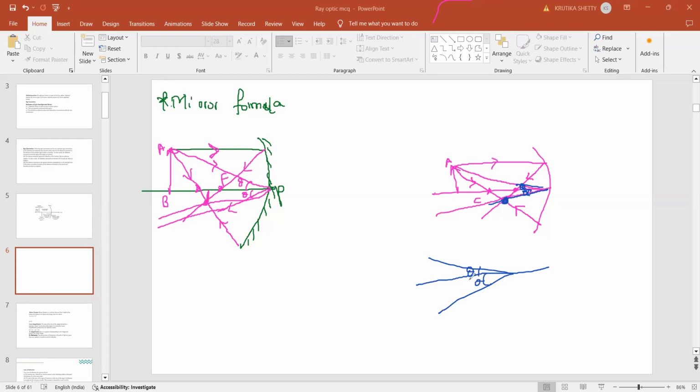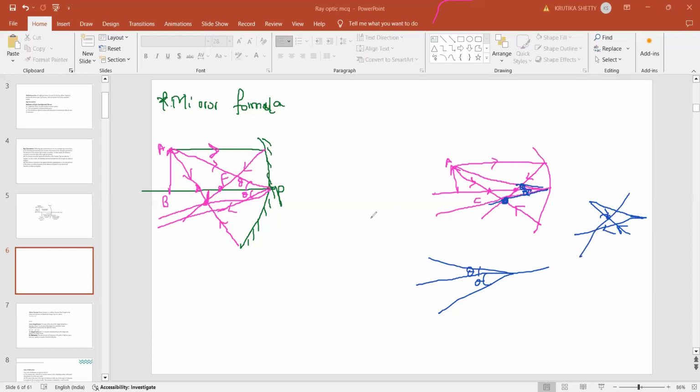We are considering it as theta, theta here. The summary is that after reflection, all three rays meet: one passing through the center of curvature returns back in the same direction, one is the ray at an angle of incidence that reflects, that is the second ray, and one more is passing through the focus.